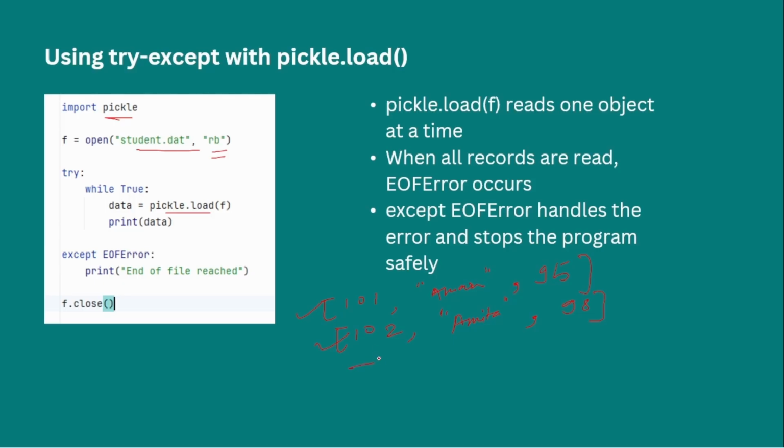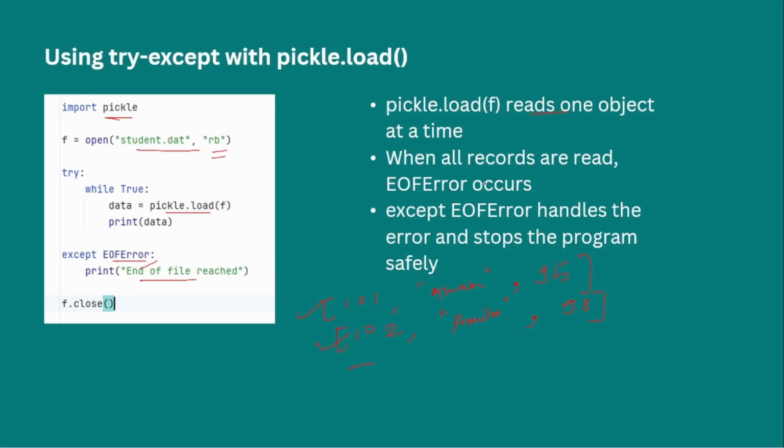So if this except EOFError was not there, it would give us an end of file error. But here, by using exception handling, we have handled this. So it will come here and print end of file reached, and then finally we'll close the file.